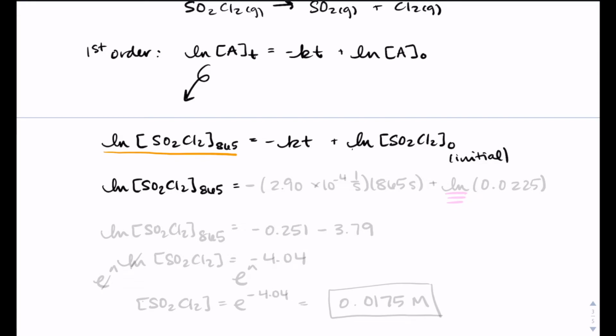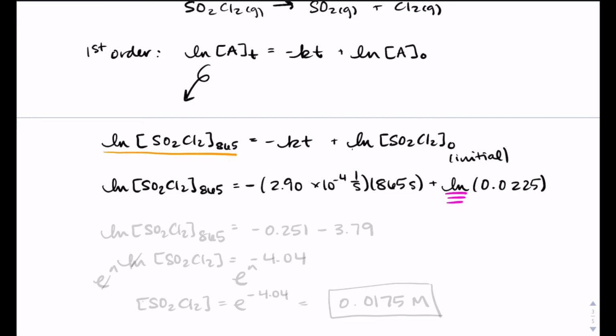Don't forget that the natural log is there. It's vital to getting this calculation right. So the natural log of the concentration at 865 seconds is equal to negative 0.251 minus 3.79, so the natural log of that concentration is equal to negative 4.04.